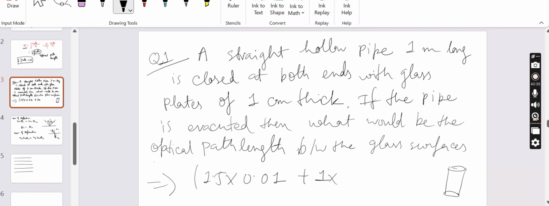So this is the glass, then 1 meter of evacuated, that means vacuum, plus again 1.5 into 0.01 meter. So in total that would be 1.03 meter.